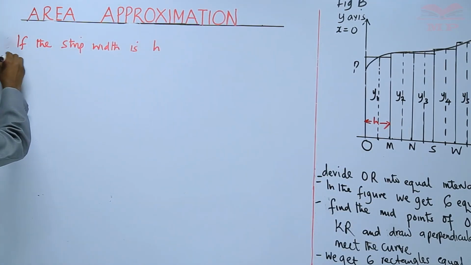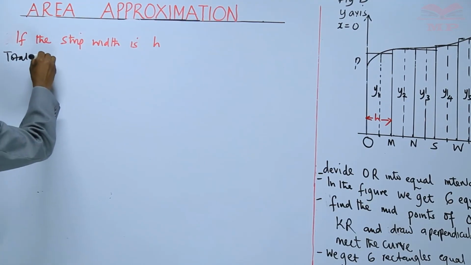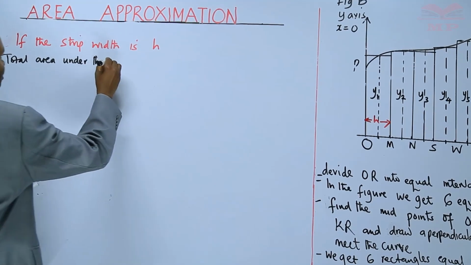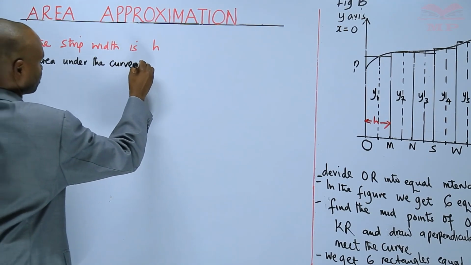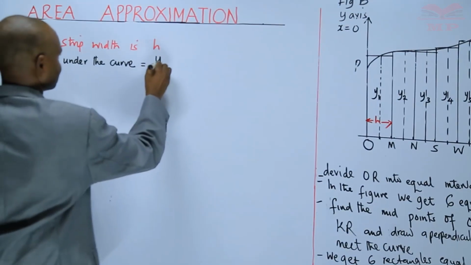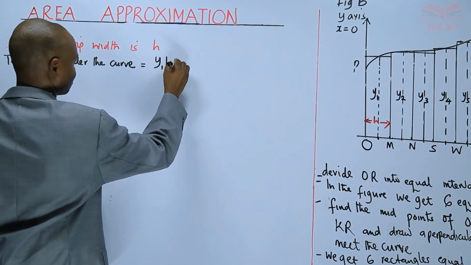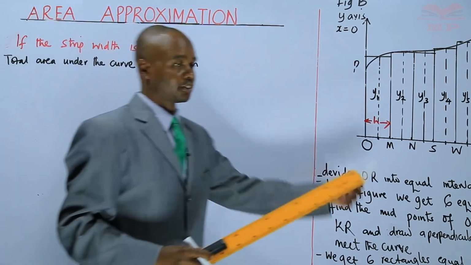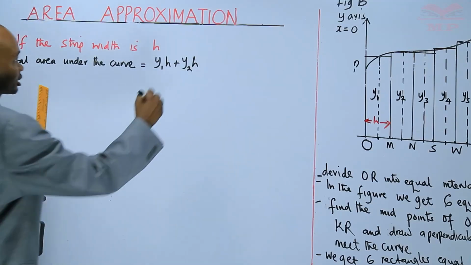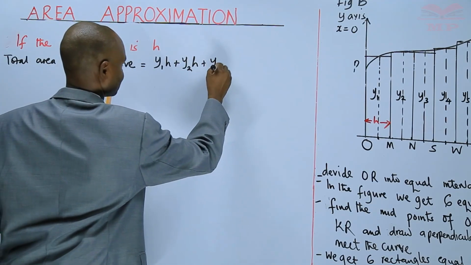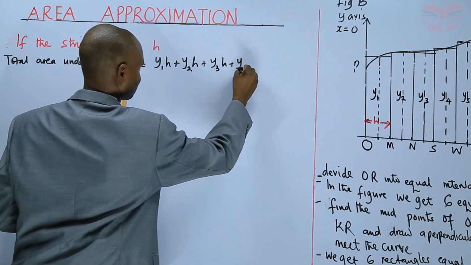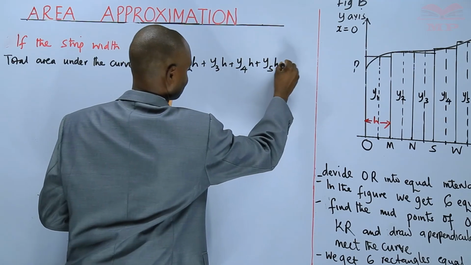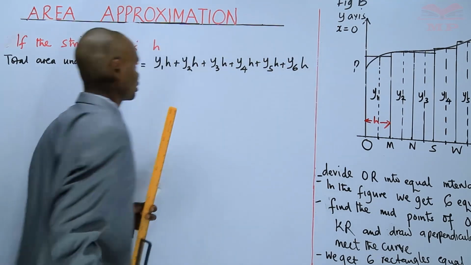So the total area under the curve will be given by y1 times h plus y2 times h. In this case, those are now the mid-ordinates. They are the mid-ordinates plus y3 times h plus y4 times h plus y5 times h plus y6 times h.